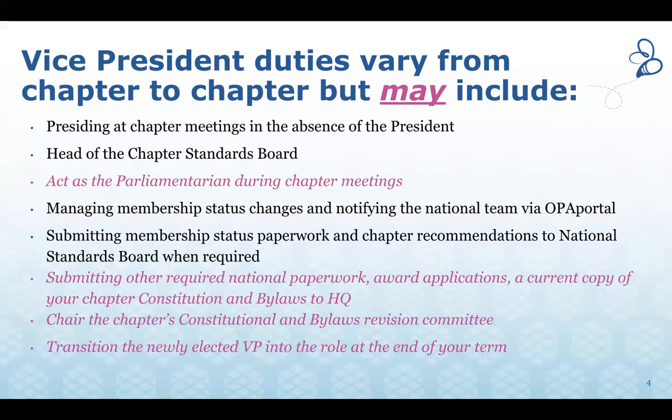And then it should be the duty of any officer on a chapter exec board to transition a newly elected person, whatever that role might be, into the role at the end of your term. So when you're done, hopefully you are well prepared to transition whoever's taking over from you when they are ready. Any questions about these extra little things that you might encounter?